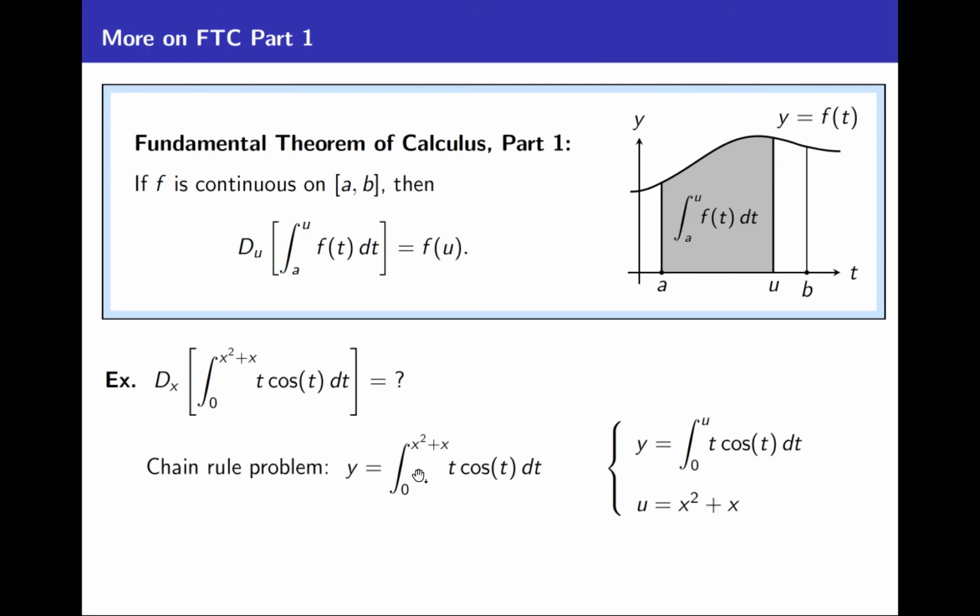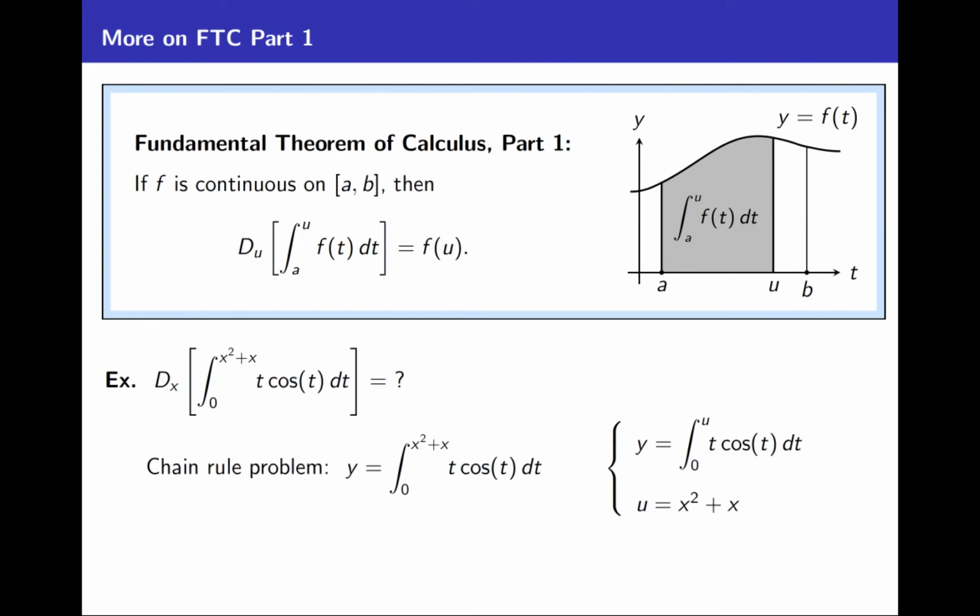Write y as the integral from 0 to u of t cosine t dt, where u is the function x squared plus x. Suddenly, we've written this y as a composition, and we want to find its derivative. So how do you differentiate a composition?